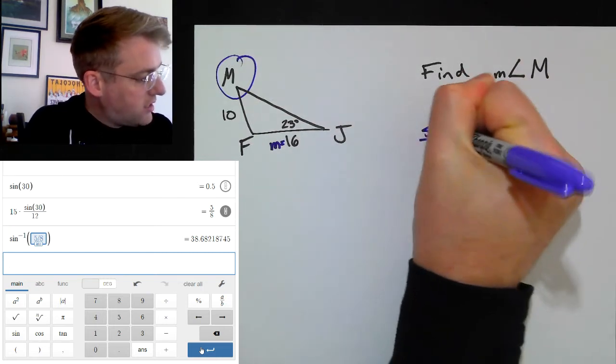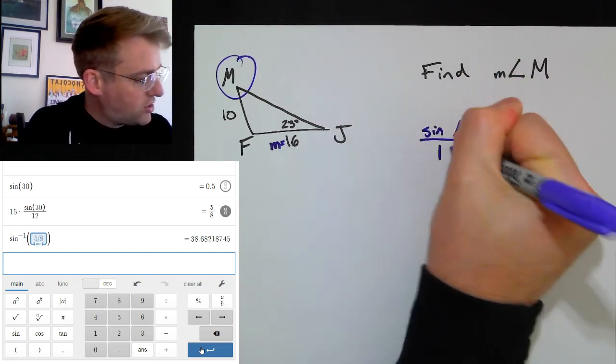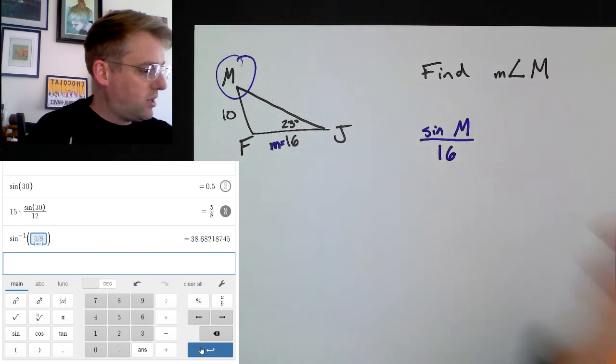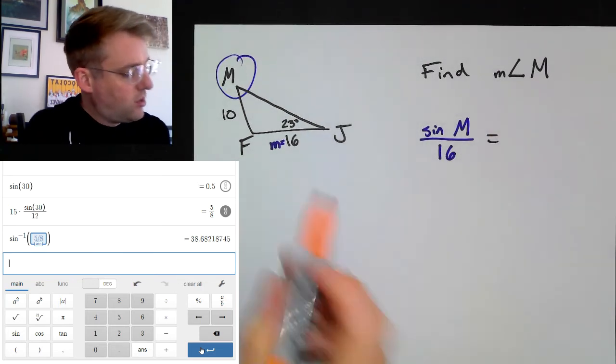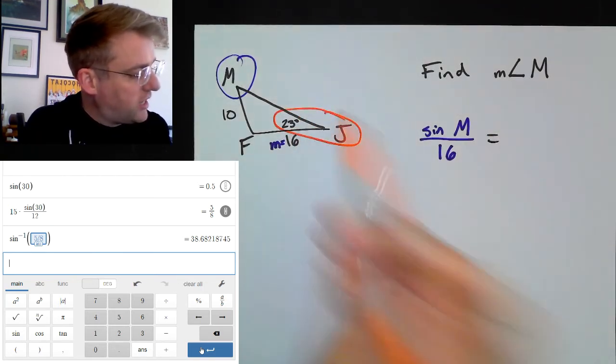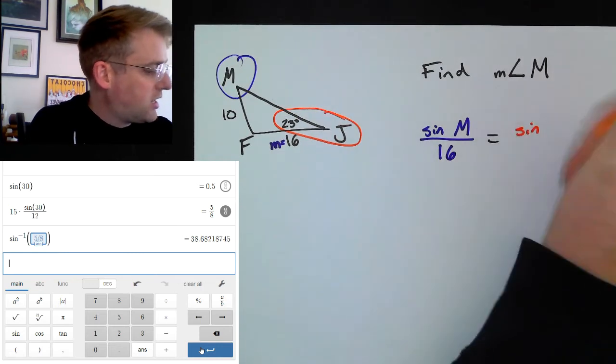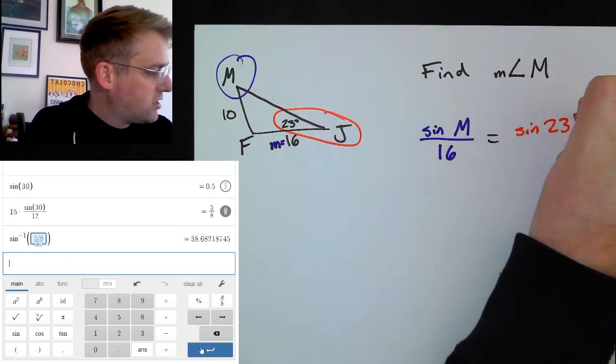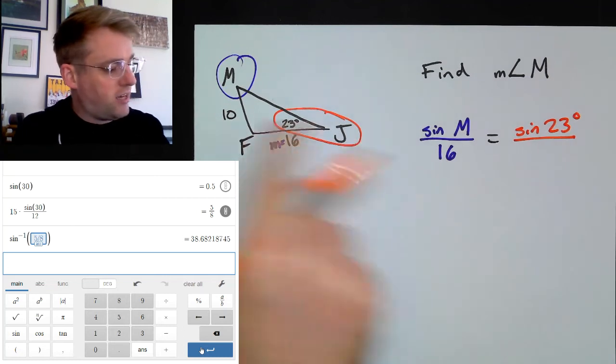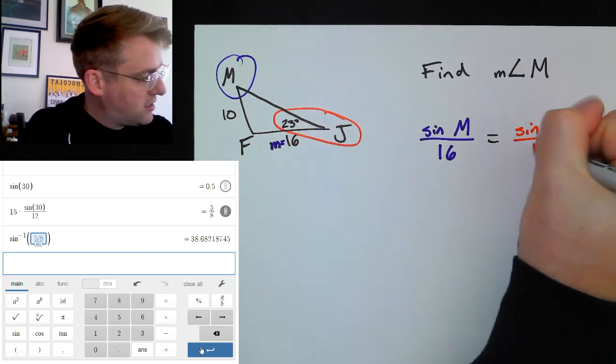So the sine of M over 16 will equal, we know 23 degrees is angle J, the sine of 23 degrees over the side across from J, 10.